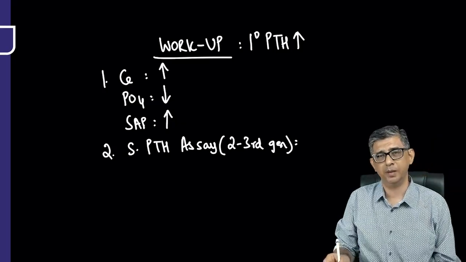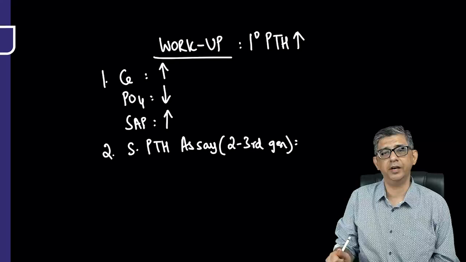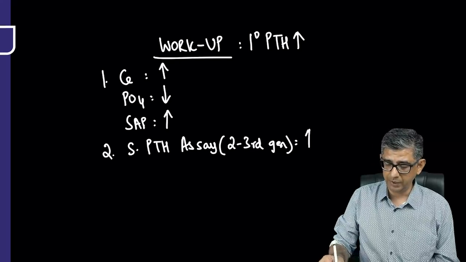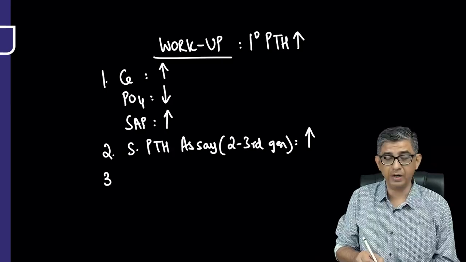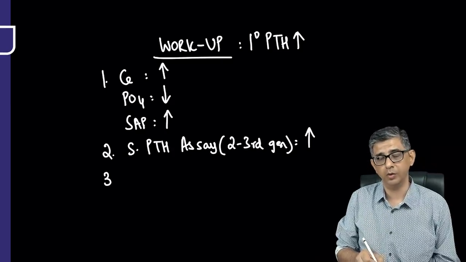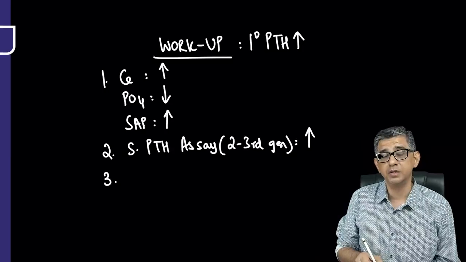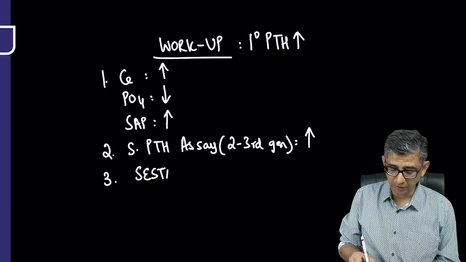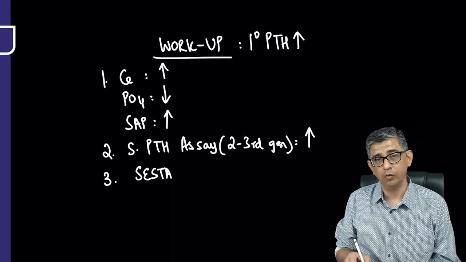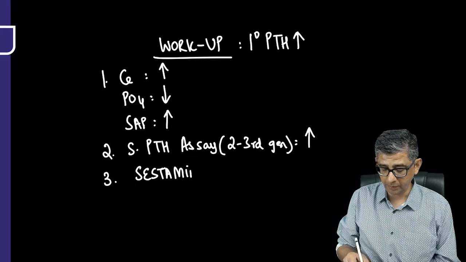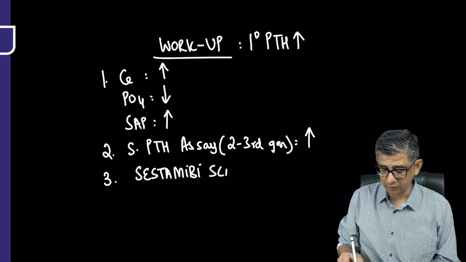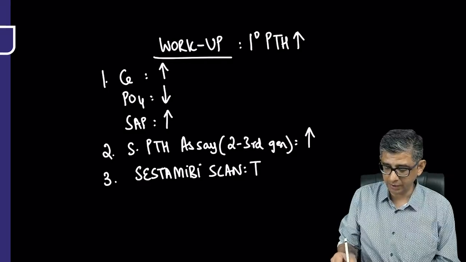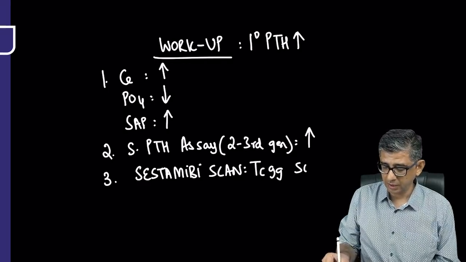So you should tell the lab to use the latest kit available, and the serum PTH assay would show a tremendous rise in the value of parathormone. And then you need to localize the adenoma. The question will say, which of the following radionuclide scans would be useful for locating a parathyroid adenoma? Then your answer would be technetium 99 sestamibi scan.